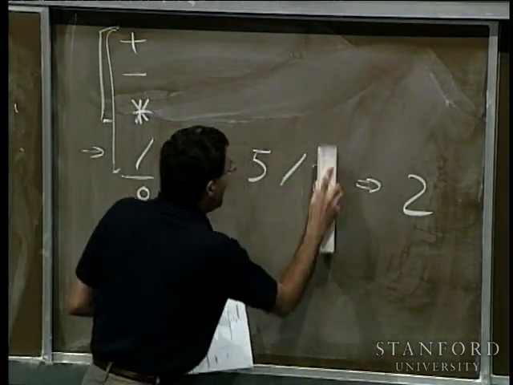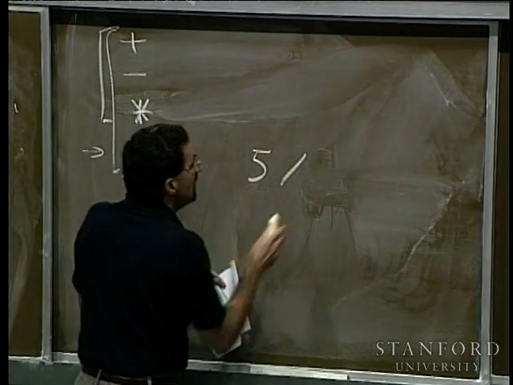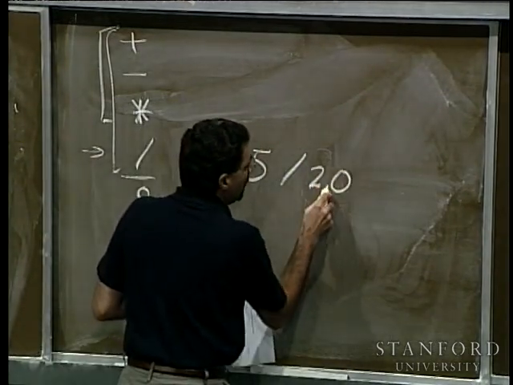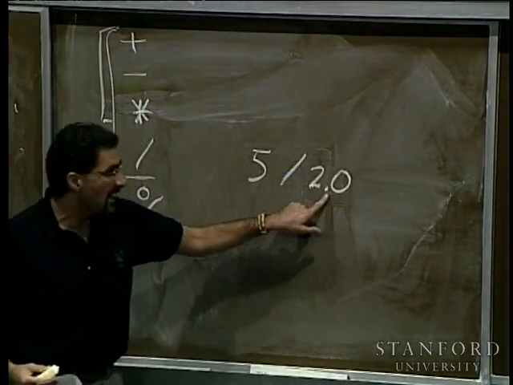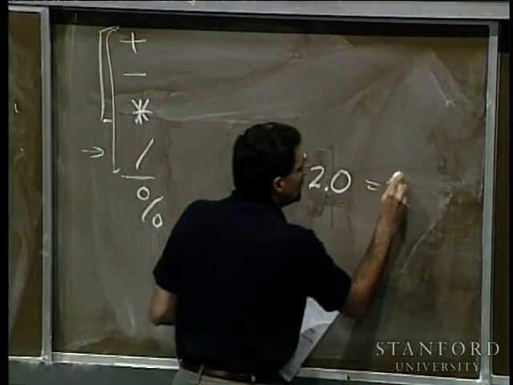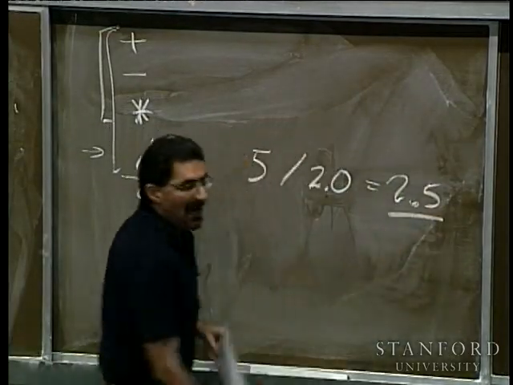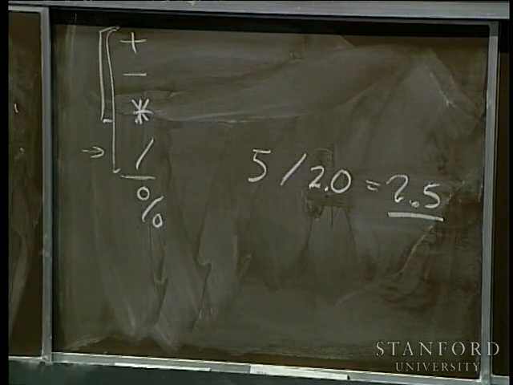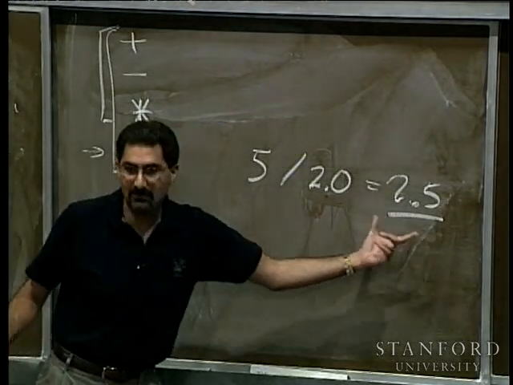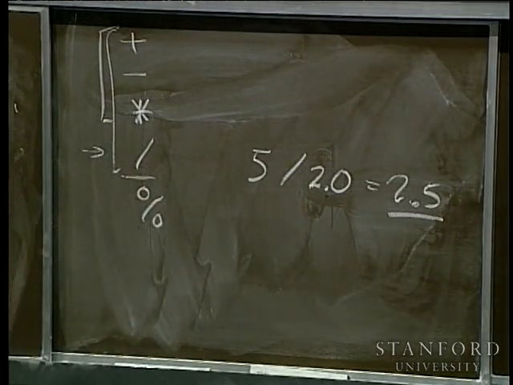So if you happen to divide 5, even if 5 is an integer, by the value 2.0, and so it knows it's a real value because it's got a decimal point in it, this will give you back 2.5 as a double, and so you can assign that to a double. So if either one of the arguments is a double, you get real value division. If they're both integers, you get back the integer portion.